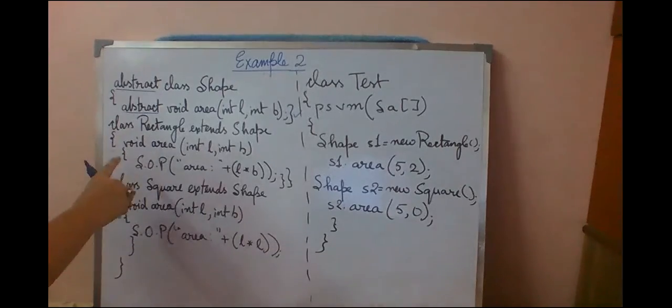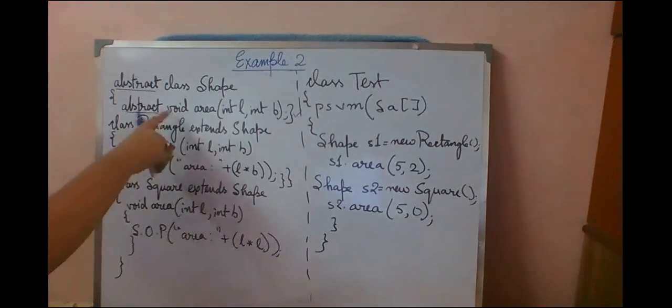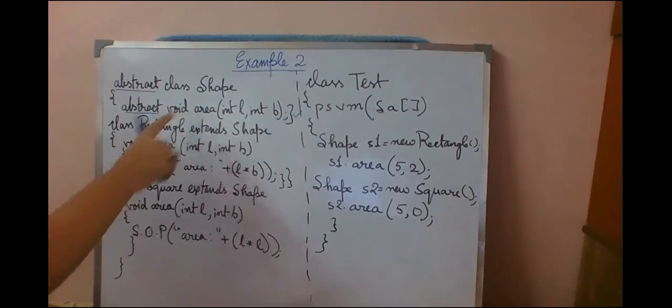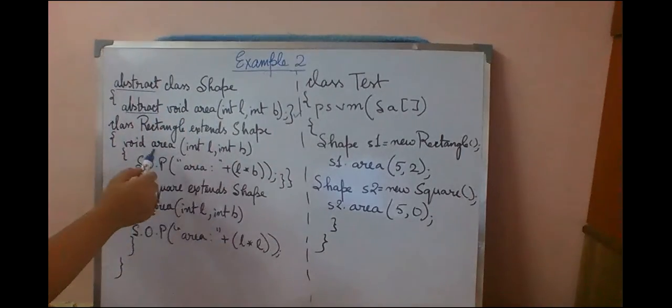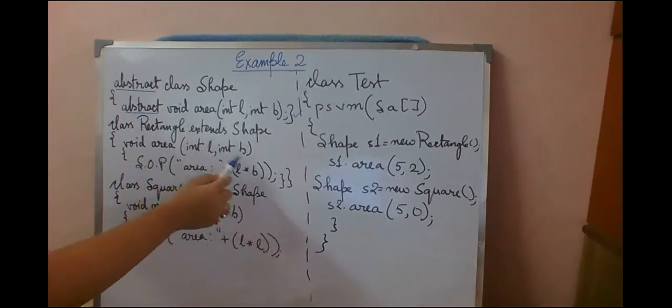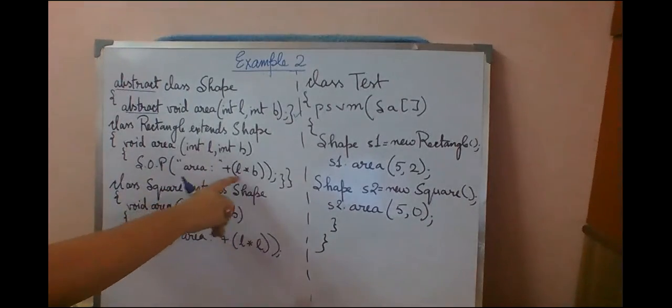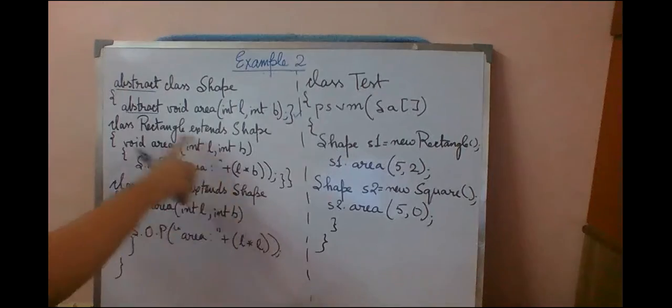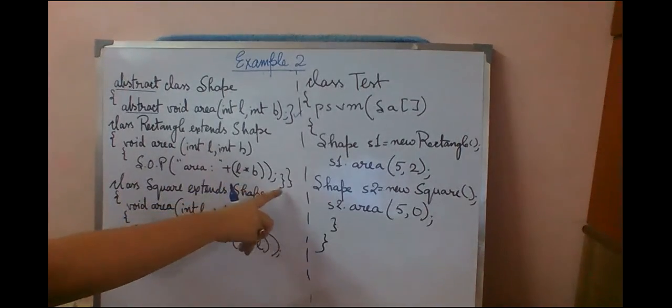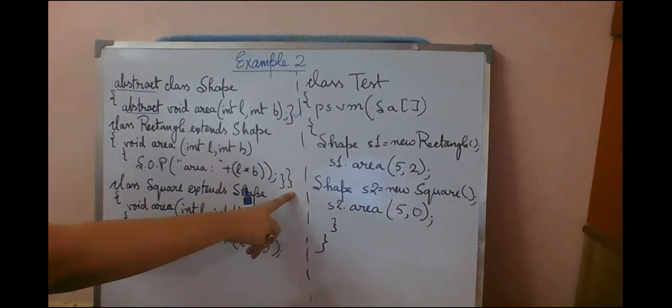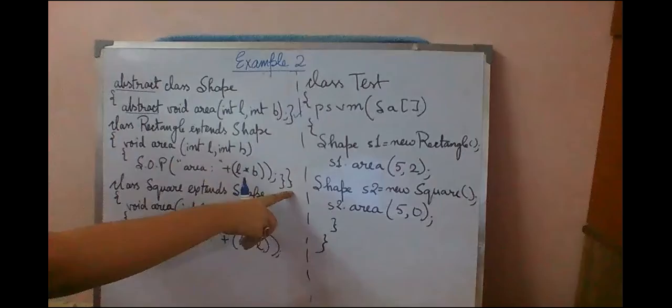Inside Rectangle, we have to define the abstract method which is inside the abstract class. So we write void area(int L, int B), and simply put a print statement calculating the area of the rectangle with length into breadth. And we have closed the method and the class Rectangle ends here.